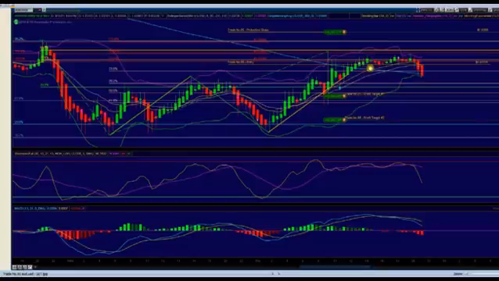So the idea was to let price retest structure, which it did here, to take the trade short, and then being that there was a Gartley 222 completion at this level gave me the confidence in believing that there was a good probability that the market would continue to go short. Now that was the plan.